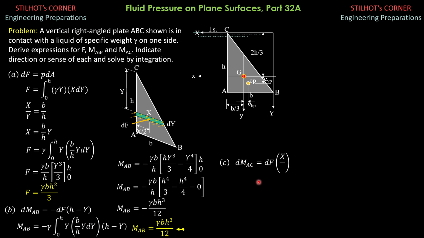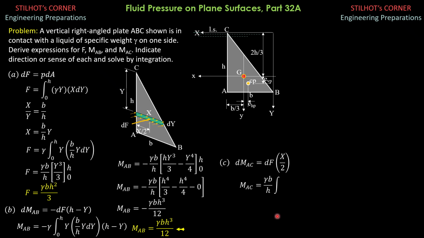So differential moment AC is differential F times x over 2, and that is negative because our forefingers will be directed in that direction. So let's just make it positive, but the sense is in that direction. It is opposite, negative, because it is opposite to the positive y direction, which is downward in this case, because our moment arm is going in that direction.